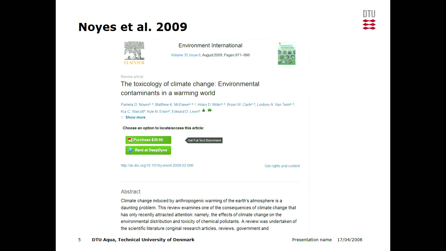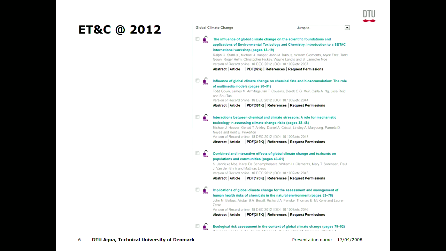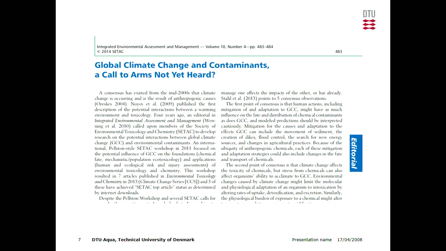The very influential review around 2009 raised the concern about the interactive effect of global warming and contaminants. Later, in 2012, a special session in environmental toxicology and chemistry called for research about the interactive effect of global warming and contaminants, but so far it's not enough.